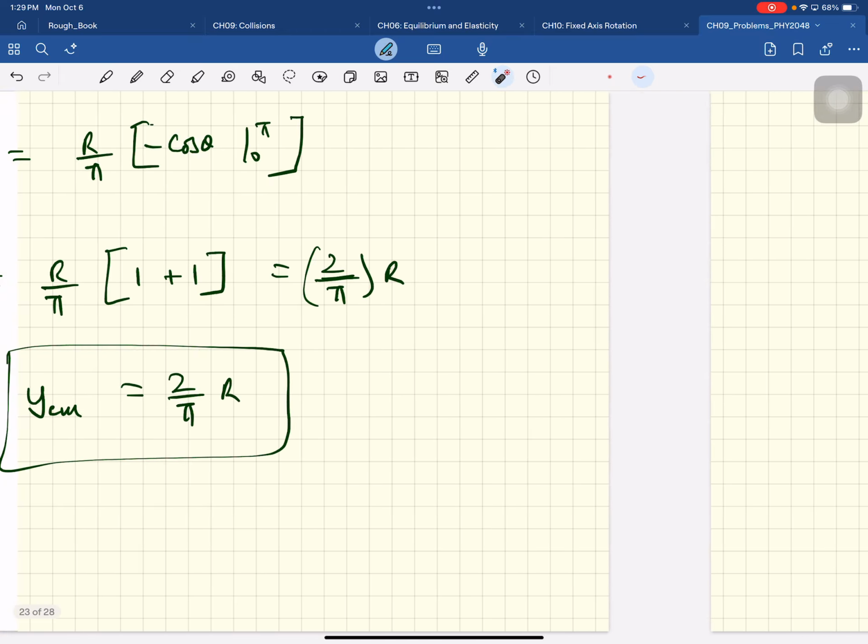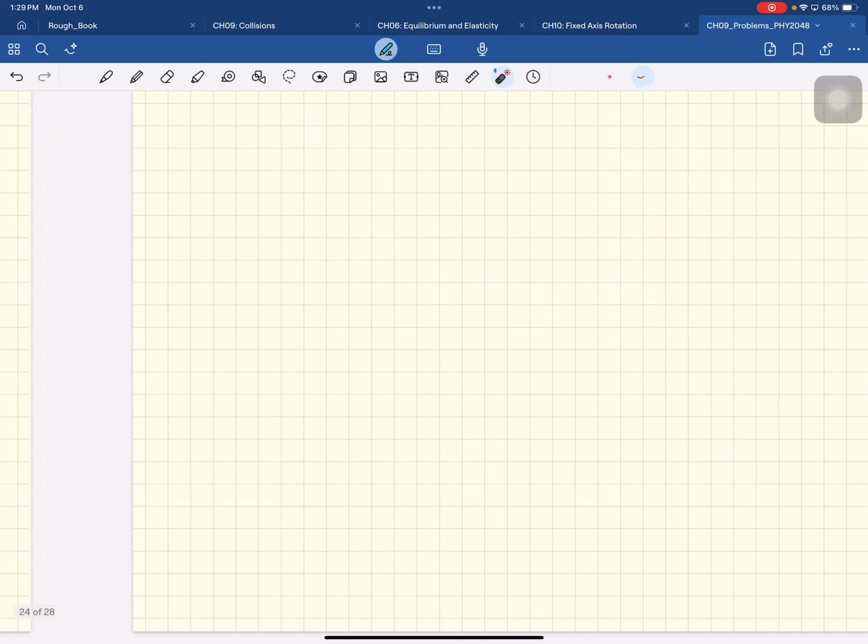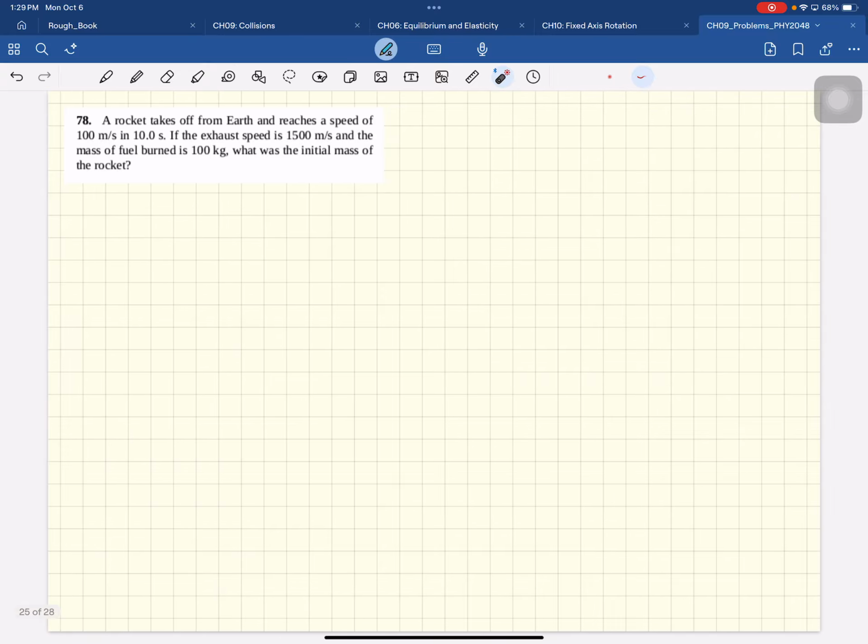All right, let's do a couple of rocket problems and then we'll take a break. A rocket takes off from Earth and reaches a speed of 100 meters per second in 10 seconds.